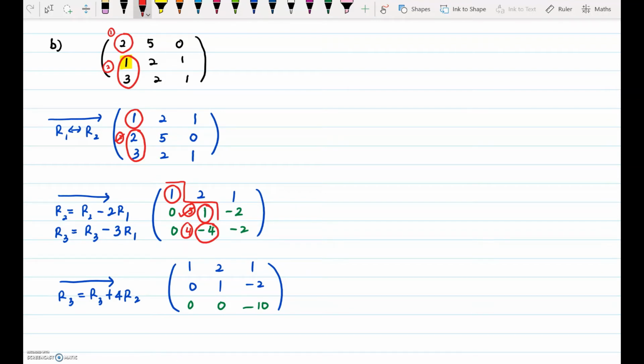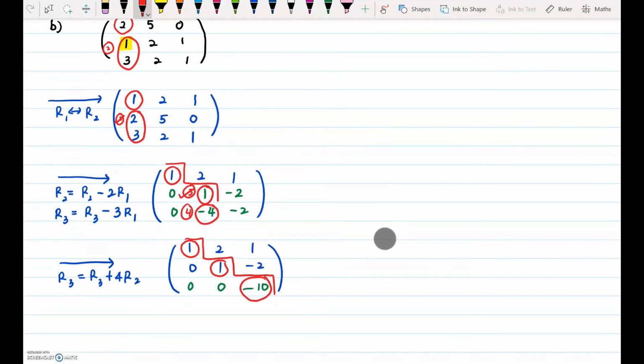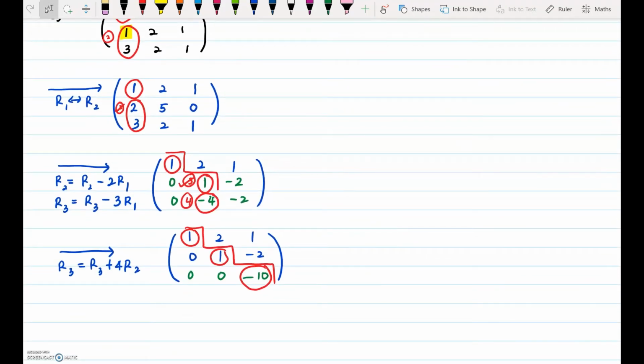Now let's check your ladder. We have the leading one in the main diagonal. Another leading one that you have to find is the leading one in the third row. So let's continue.